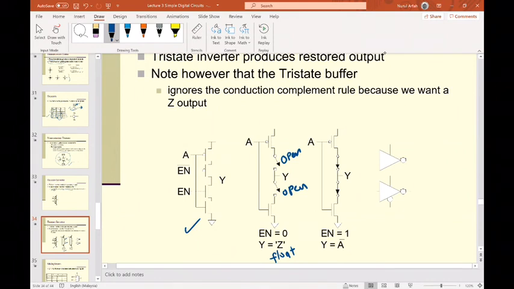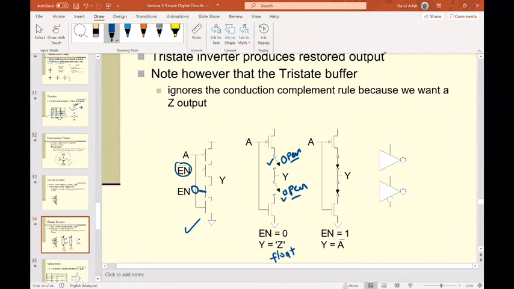That's why this is open. When enable is off, it supplies the gate of the NMOS with 0, then this one will be turned off. And then enable bar on this side will have a supply of 1, then this PMOS will be turned off, or open circuit here.